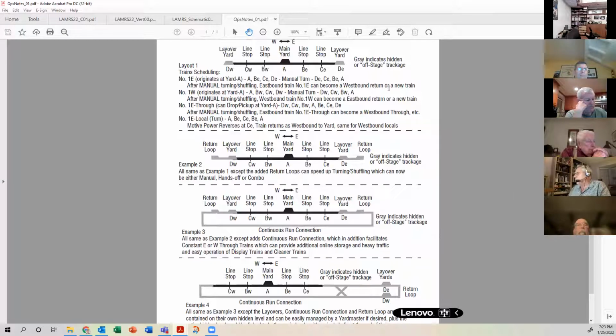Well, I mean, if a person wanted to change some concepts, but my experience using car cards and stuff was, it's nice to have a reversing loop, because that shuffles the whole makeup. So even if we just reverse a through or a drag, if we run it in there and reverse it and bring it back, now it's a whole different problem for the yard job to break it down.